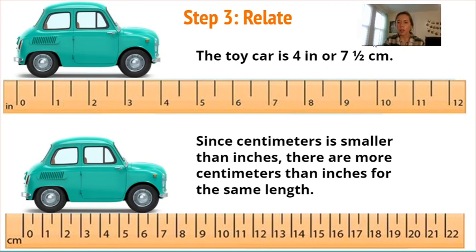We see that there's 7.5 centimeters. 7.5 is a bigger number than 4. We see that there are more centimeters, 7.5 to be exact, than inches for the same length. This is the same length, but they're two different numbers because there are just more centimeters than inches, okay?